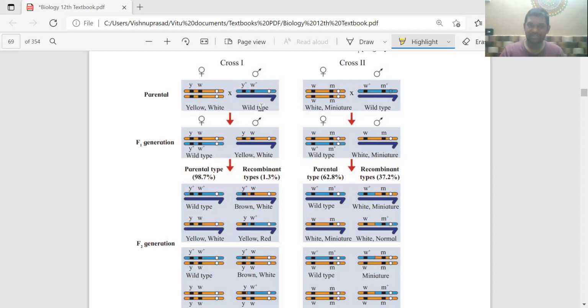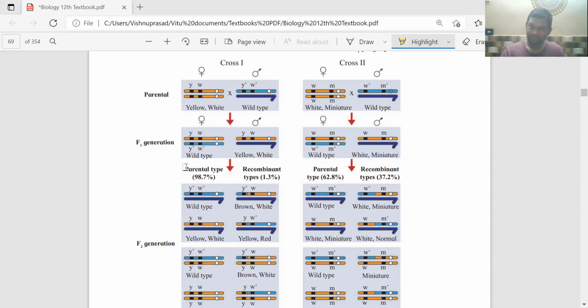When the F1 generation was produced from the cross of both, see what has happened to the combination. This one has gone to this side and the blue one has gone to this side.